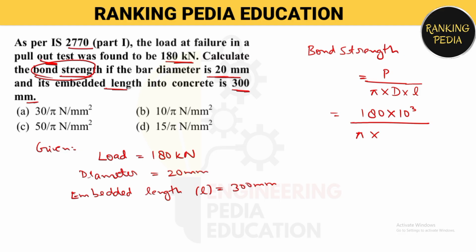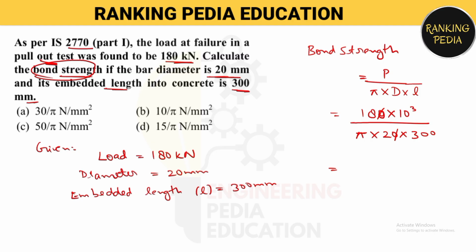Otherwise, if the question gives the value, you can put the value of pi. Here d, the diameter, is 20 mm, and the length is 300 mm.